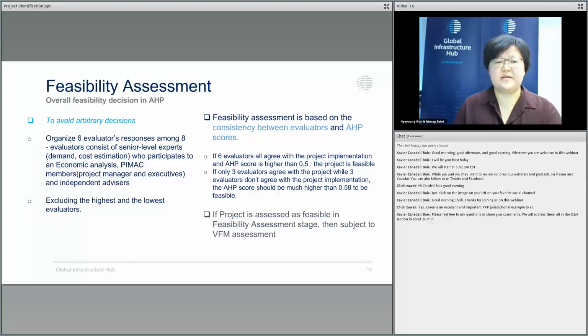So for the overall feasibility, we organized and structured each evaluator's response and their judgment. After the feasibility assessment, only the project which is decided as feasible then proceeds to VFM assessment.